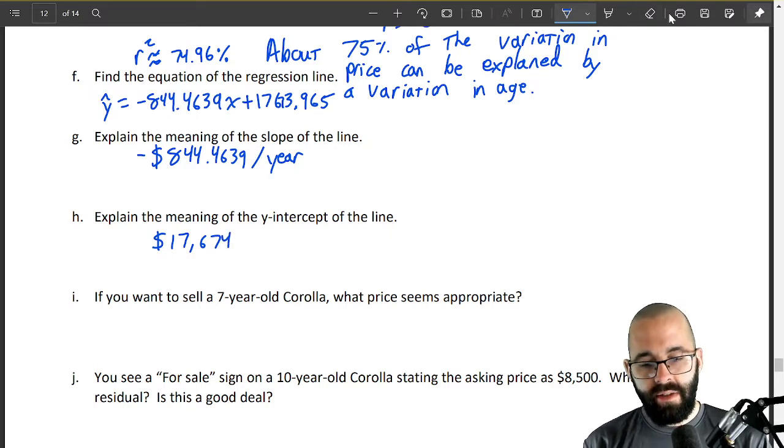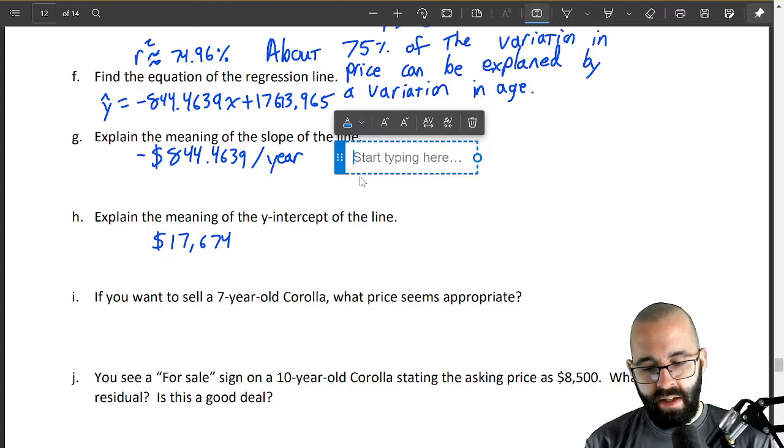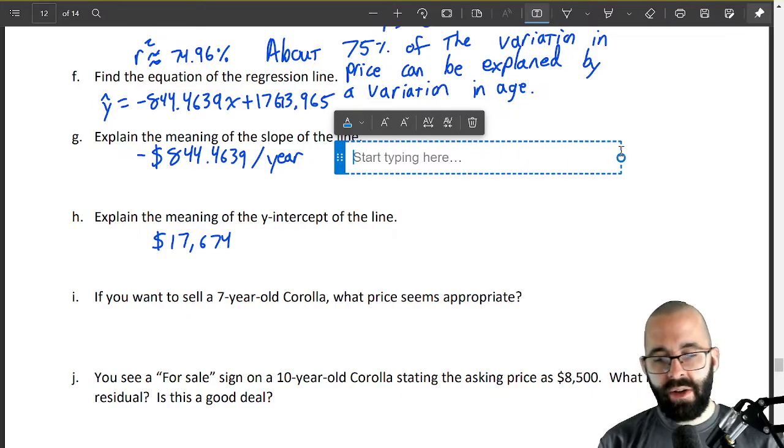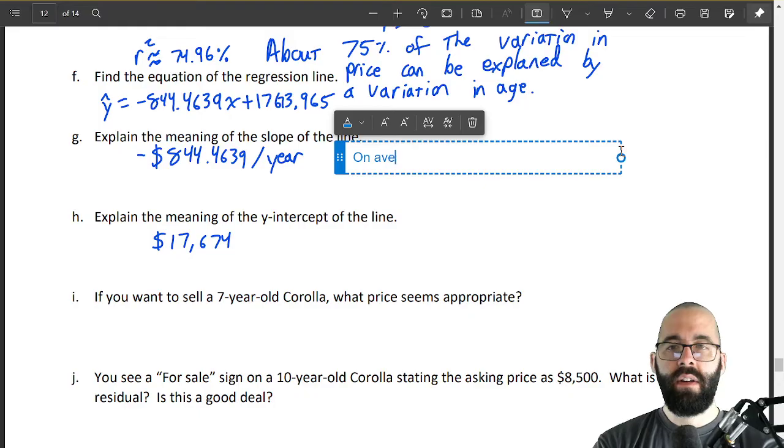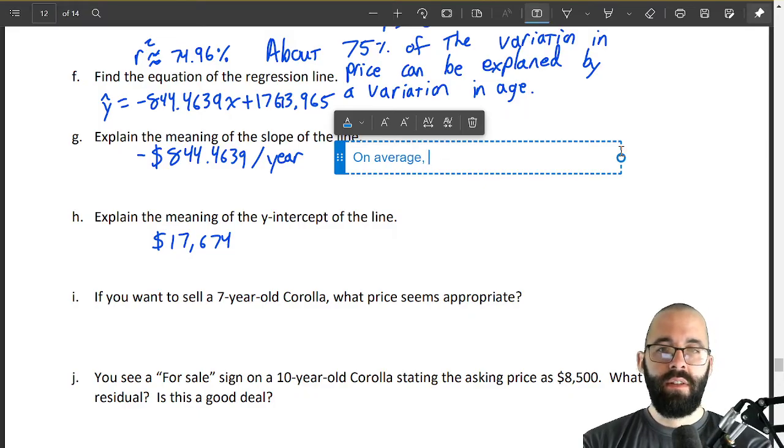So what we're going to say is, on average, as we increase x by 1, meaning the car is a year older, the price drops by $844.